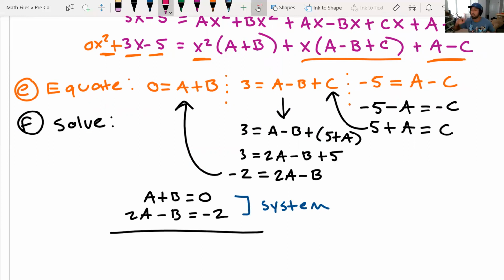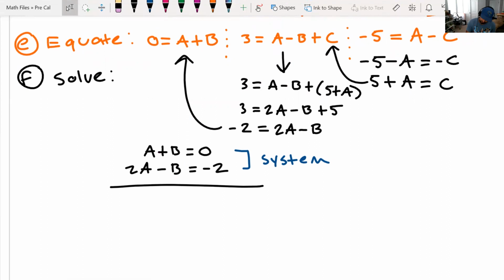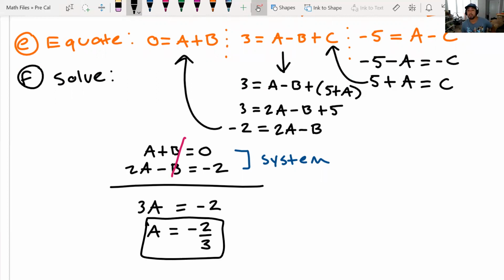What's great is that if I add these together, b is eliminated. If I add these together, b is gone, and I get 3a equals -2, and therefore a is -2/3, which means all we have to do now is find b and c.